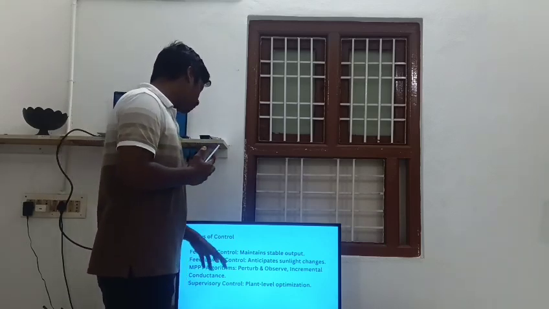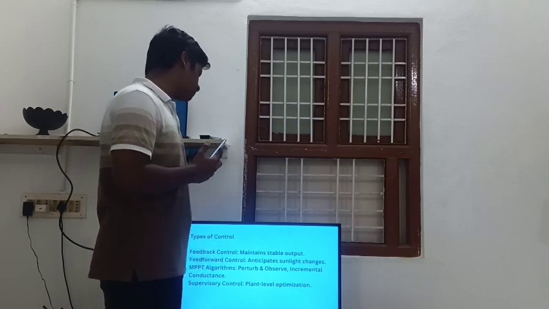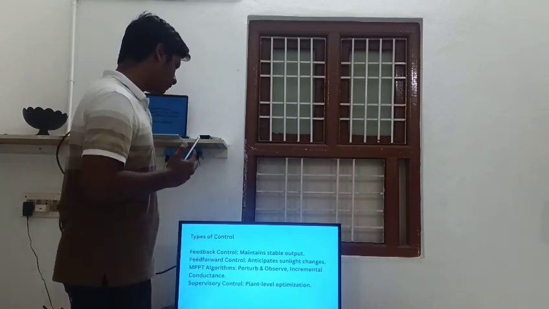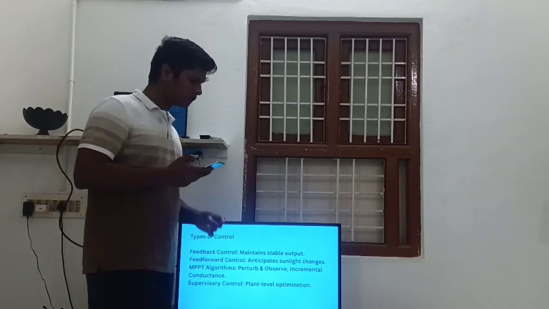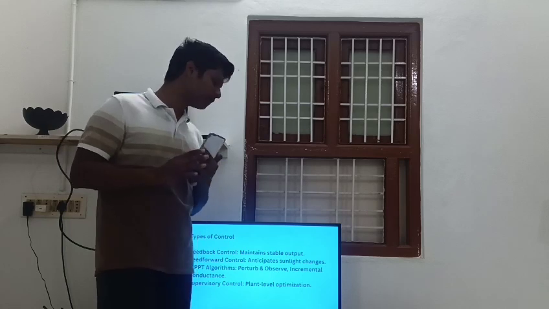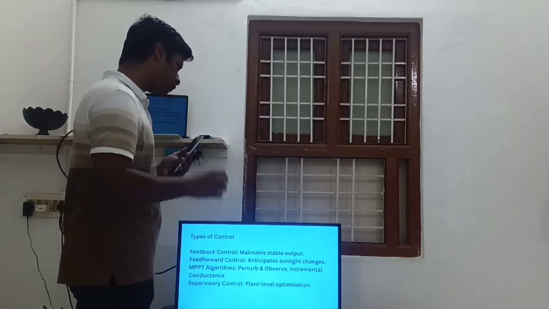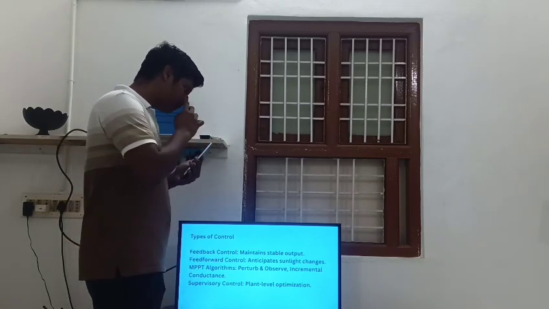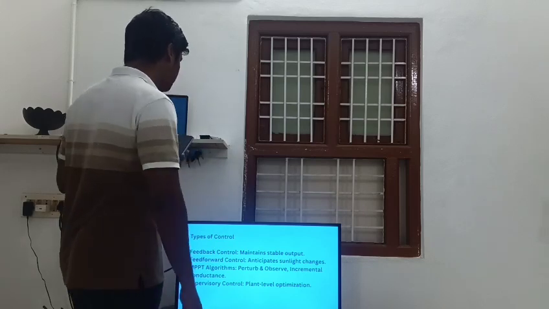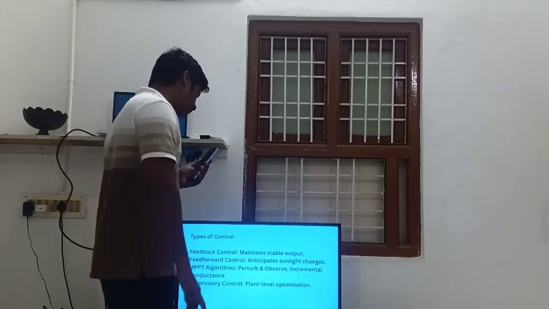Feedback control is a main thing which maintains a stable output, and feed forward control anticipates sunlight changes. Since there is no constant climate which is possible in nature, the anticipation of sunlight is pretty important here. So we use specialized feed forward control systems to make that possible.